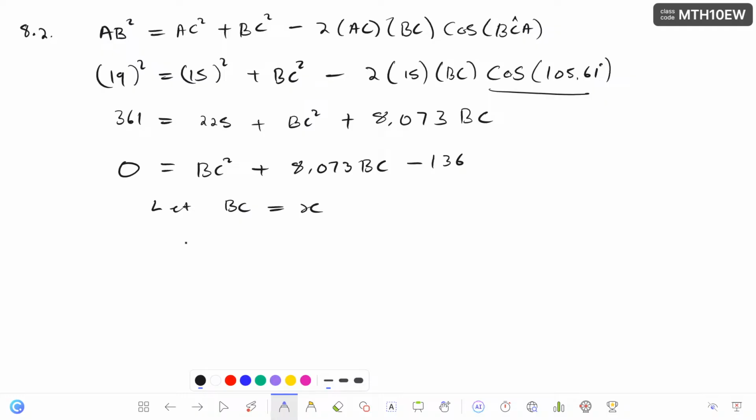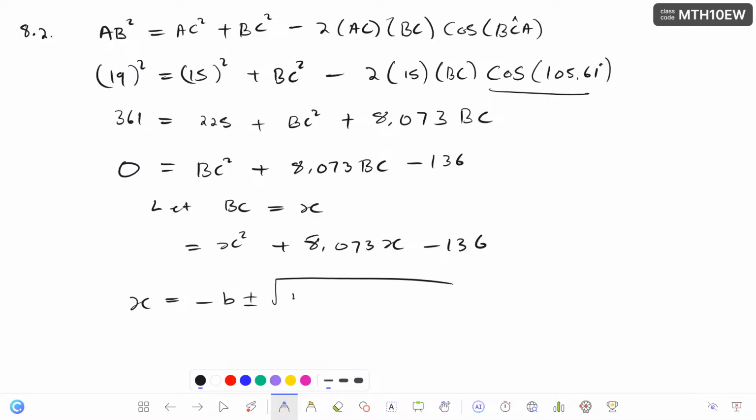So now we have the equation x squared plus 8.073x minus 136. So now I'm going to say x equals negative b plus or minus square root of b squared minus 4ac, all over 2a.